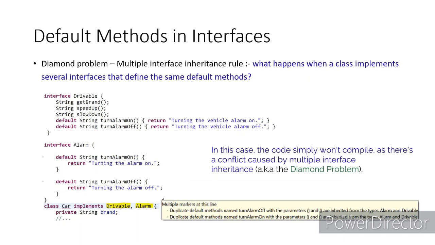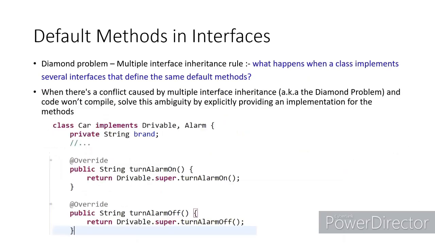If you don't want to provide your own implementation inside class Car, you can just write the turnAlarmOn method signature, and from inside it you can end up calling whichever base interface method you want.